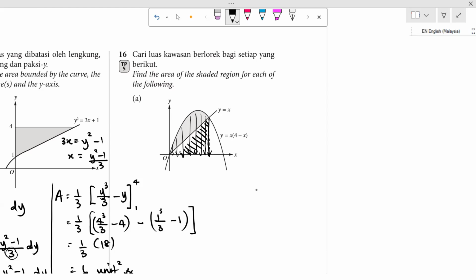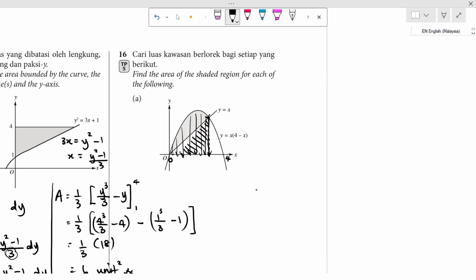So you shall use the upper graph minus the lower graph, because they have the same boundary, from 0 to, I do not know what this is, but at this point your y equals x. So I have to solve the equations simultaneously to find the point of intersection. I do know that this is 4 and this is 0, so I have to find that.